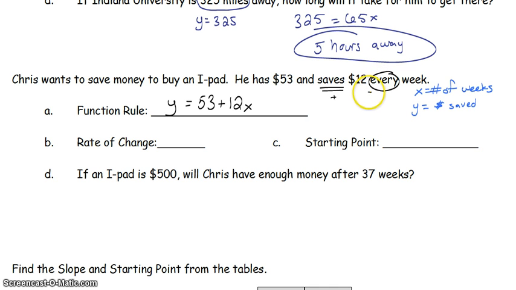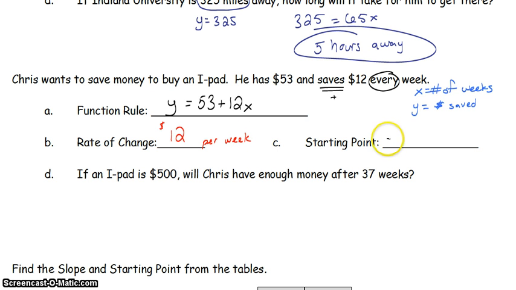Those are always going to indicate what we're multiplying by. X is the number of weeks and y is the amount of money saved. In this case, my rate of change, or my slope, is 12, and it's dollars per week. So I might just say $12 per week.